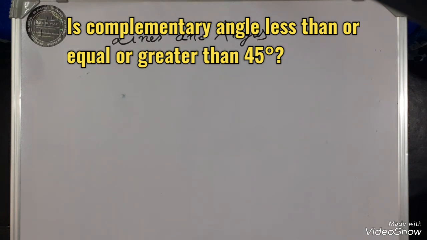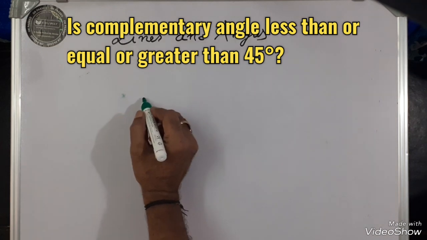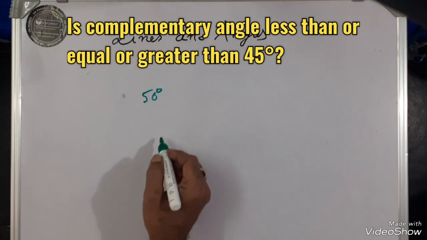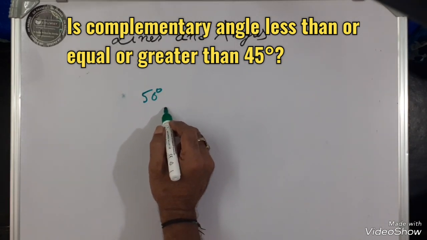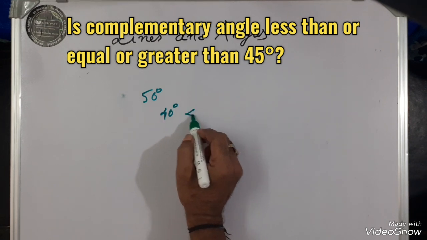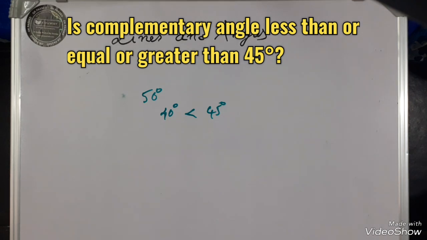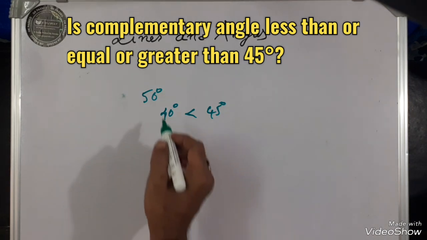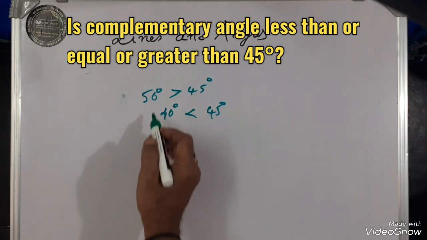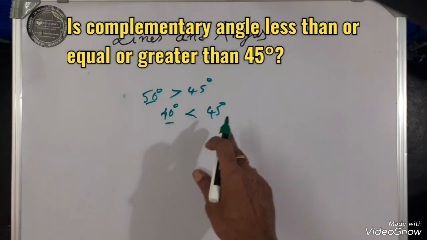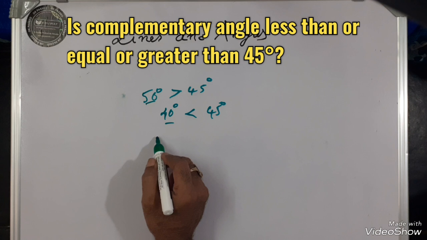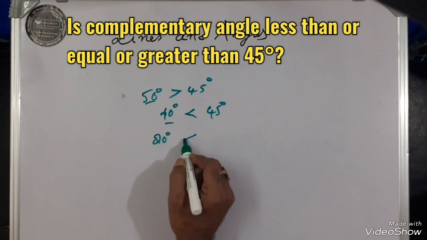One more point to remember here. Suppose you take one angle as 50 degrees. What is the complementary angle of 50? 40 degrees. So it is less than 45. So when 50 is greater than 45 degrees, its complementary angle is less than 45. One more example, suppose 20 degrees, which is less than 45.